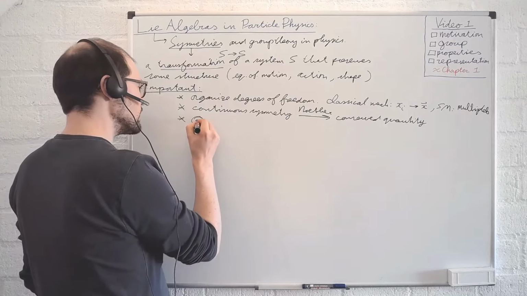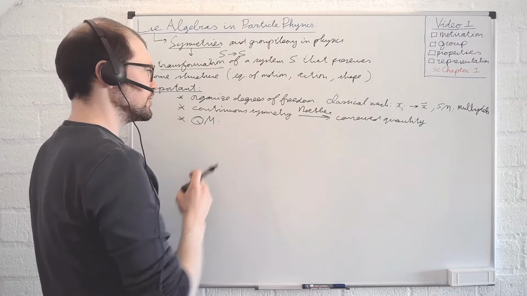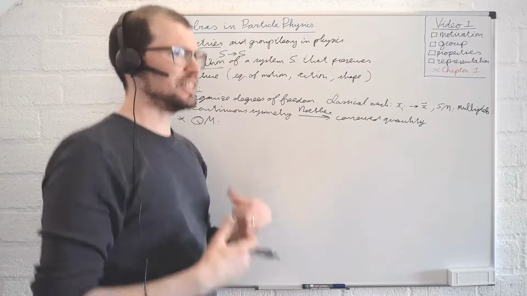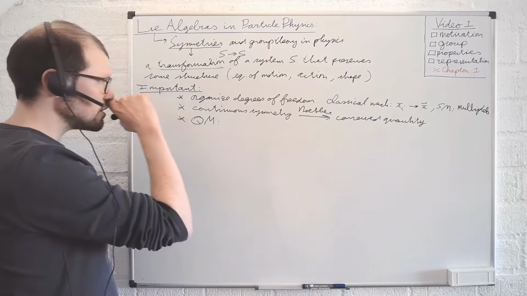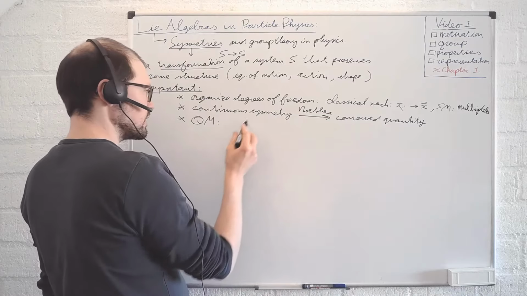In quantum mechanics, there is a similar analogy between continuous symmetries and things that are easier to solve. And this is, okay, let me be a bit more precise about symmetries in quantum mechanics.